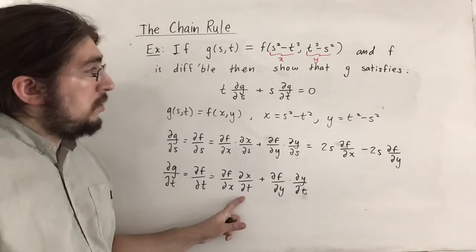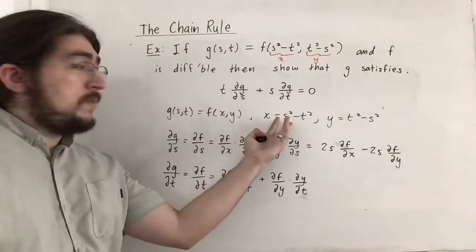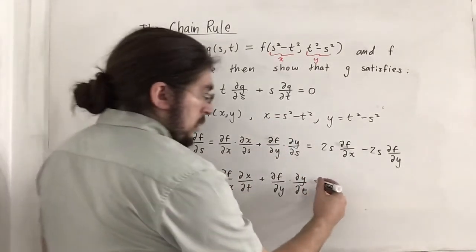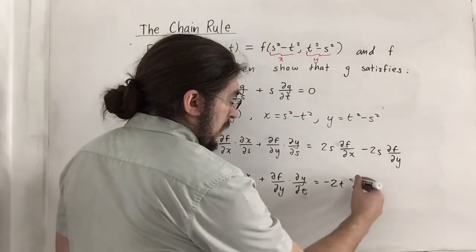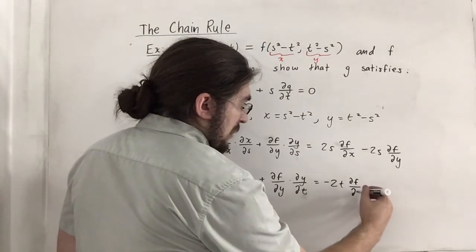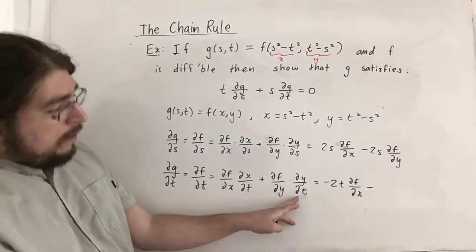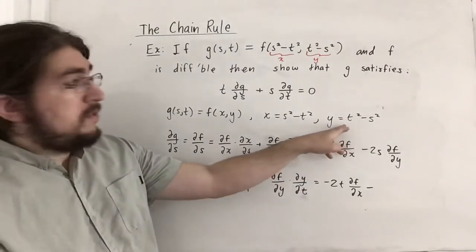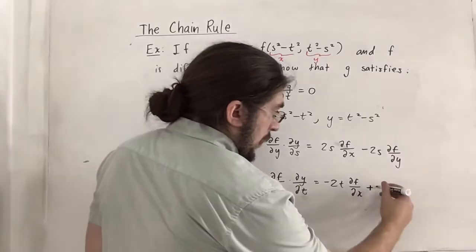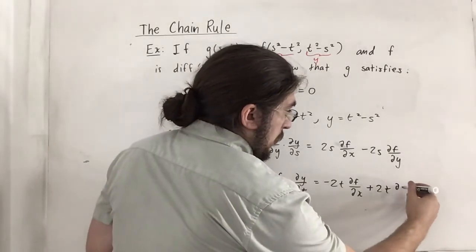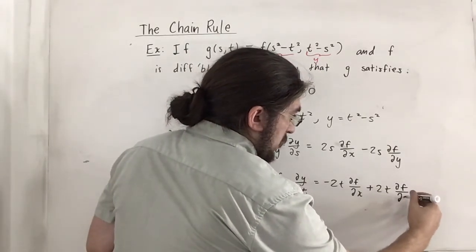Now partial x partial t, derivative of this with respect to t is negative 2t. So we end up getting negative 2t times partial f partial x. And then for this guy, partial y partial t is positive 2t. So this ends up being positive 2t times partial f partial y.